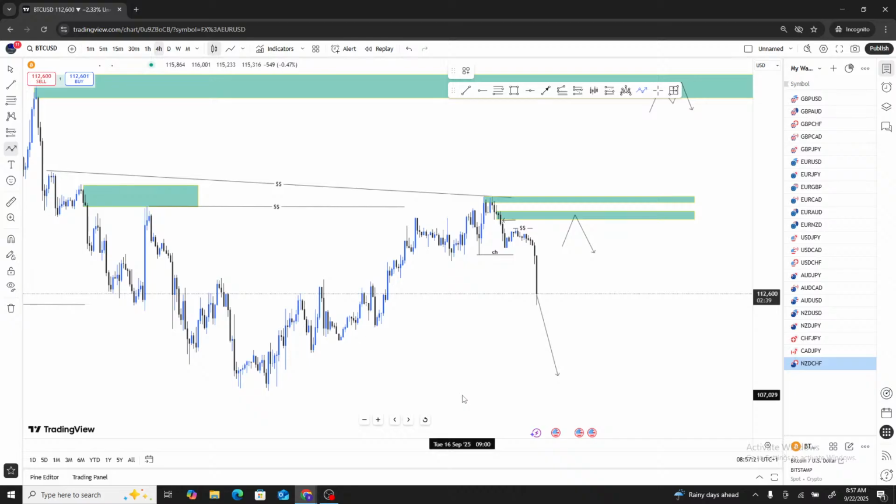As you can see in this chart, I do not use any indicator. I only use price action, the candlesticks and levels to analyze my charts profitably.